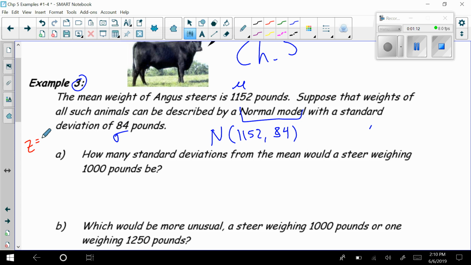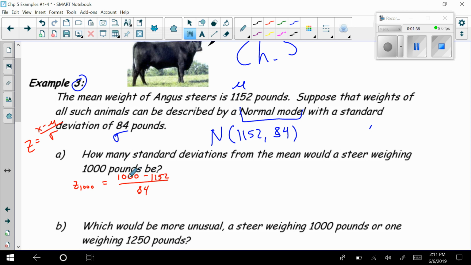So I think I'll place it over here. That is x minus mu, over the standard deviation, my sigma. So the z-score of a 1,000-pound cow would be 1,000 minus the 1152 divided by 84.